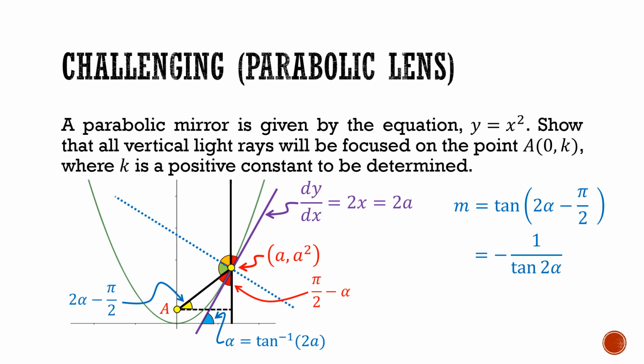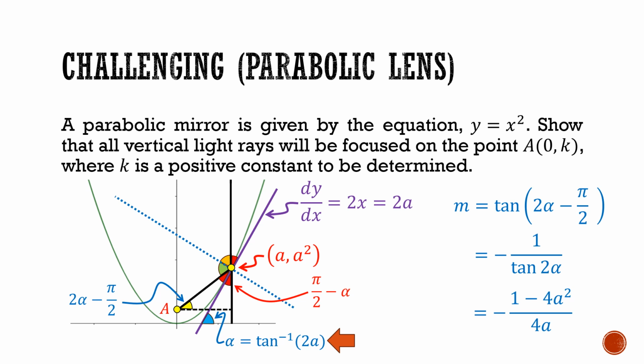Now I apply the double angle formula, and that will give me negative (1 minus tangent squared alpha) over 2 tangent alpha. As we remember, the blue angle that we found earlier, alpha, is equal to arctangent of 2a. That means that 2a is equal to tangent alpha. So I can substitute that into my gradient. So the gradient will be simplified to negative (1 minus 4a squared) over 4a.